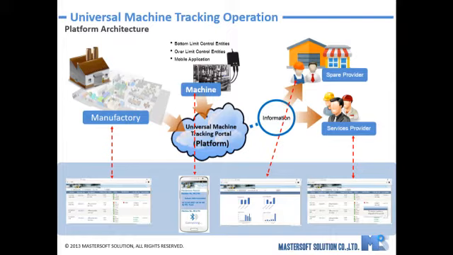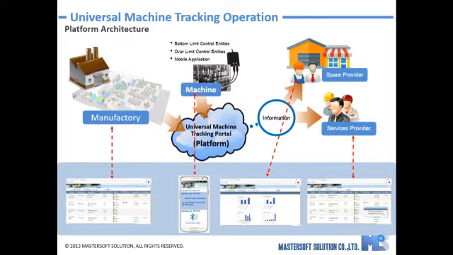By this platform, all the information will be communicated to the service provider and also the spare part provider. By this scheme, the spare parts provider can plan to prepare all the spare parts required for each manufacturer, and the service providers themselves can plan the maintenance schedule for all machines in each manufacturer.